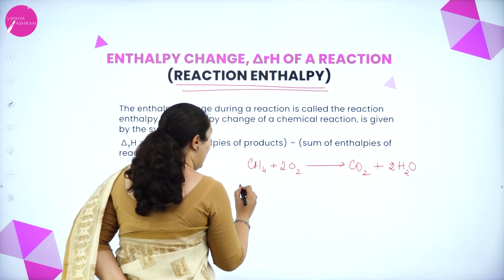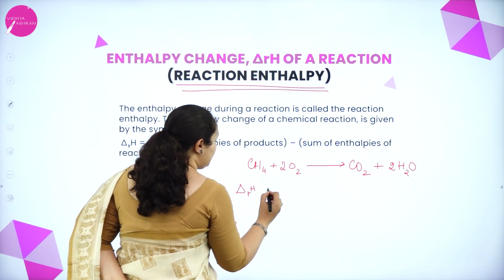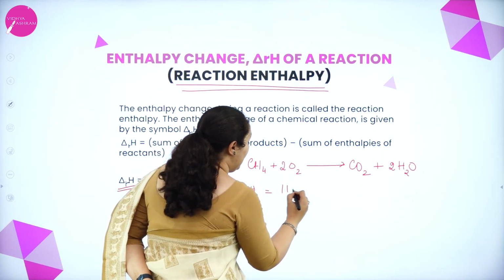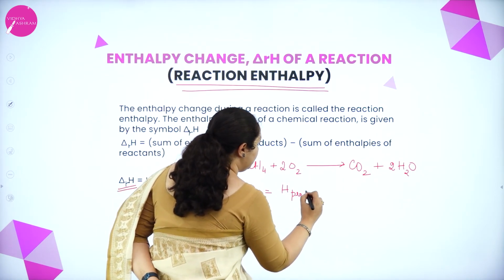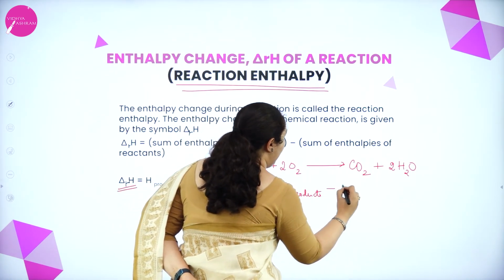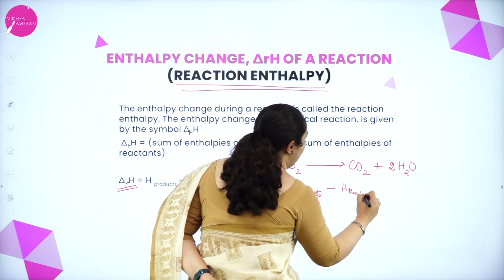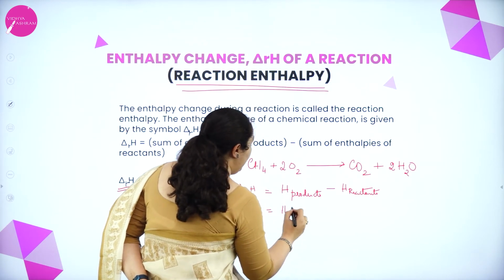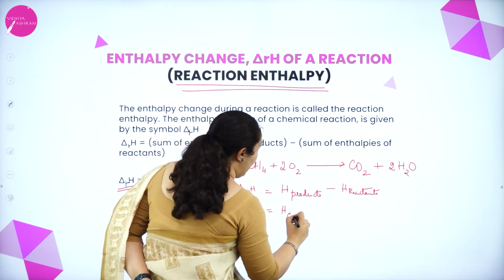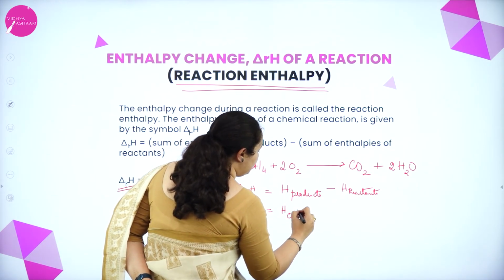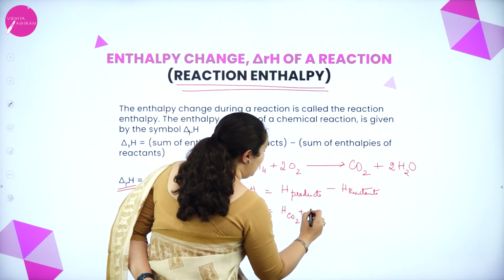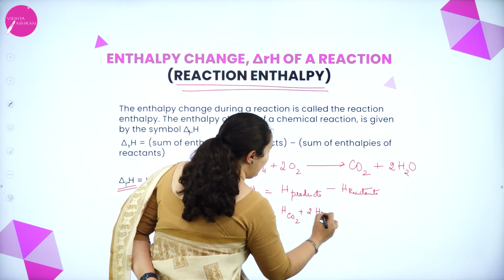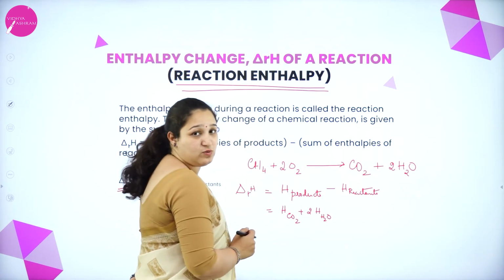For this one, how to calculate the enthalpy of the reaction? I need to know the enthalpy of the products minus the enthalpy of the reactants. What are the products? I have carbon dioxide, and 2 into enthalpy of water. Why have I taken 2? Because I have 2 molecules here.